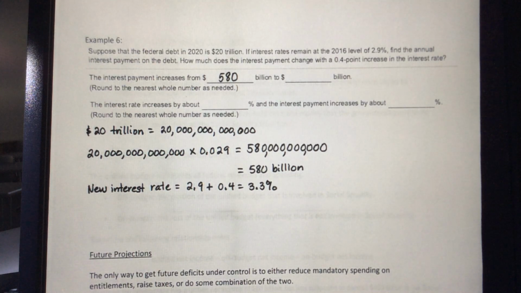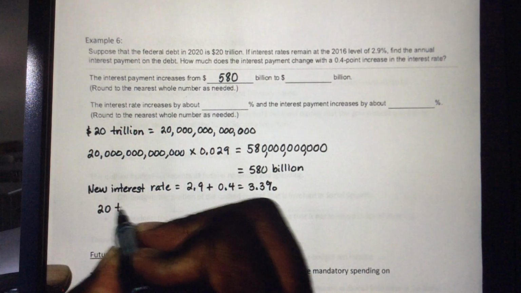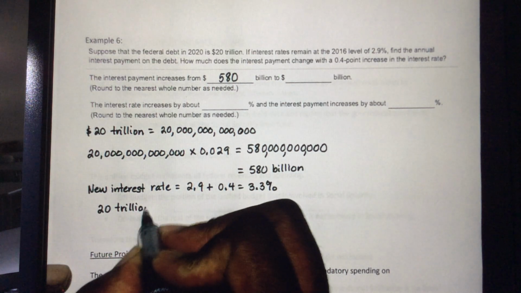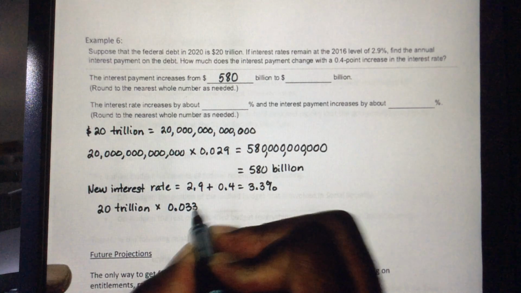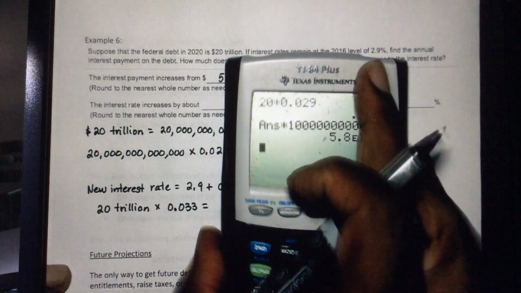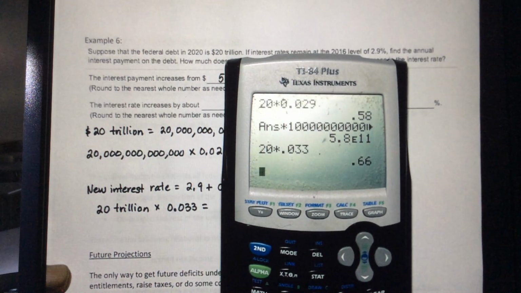Okay? So I'm going to be using that. So I'm going to say 20 trillion times 3.3% will be 0.033. And then I'm going to do 20 times 0.033. That would be that amount.